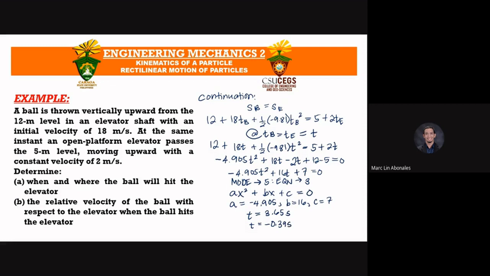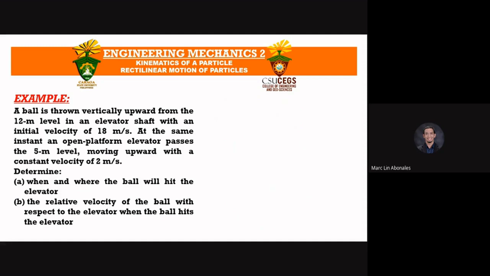Since duha man ka answer, you need to choose one only, and since time is always positive, so the final answer nato for the time kung asa the ball will meet with the elevator is equal to 3.65 seconds. So this is the time kung asa mag-meet ang ball and the open platform elevator. And once we determine the time, we can now determine the position, the final position of your ball and open platform elevator.